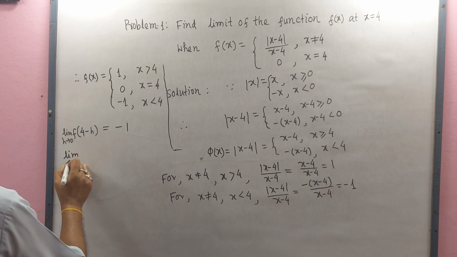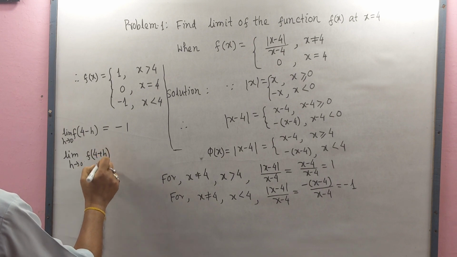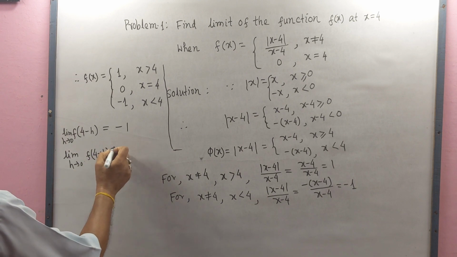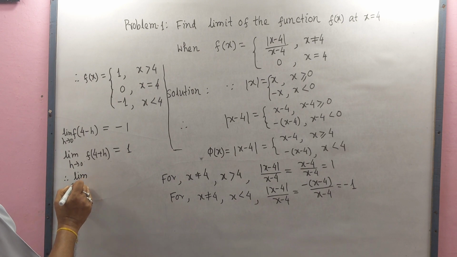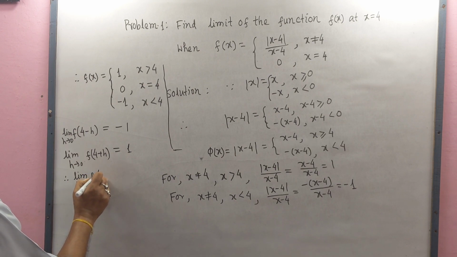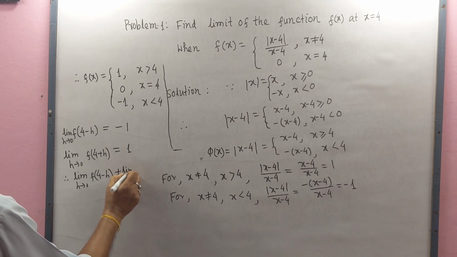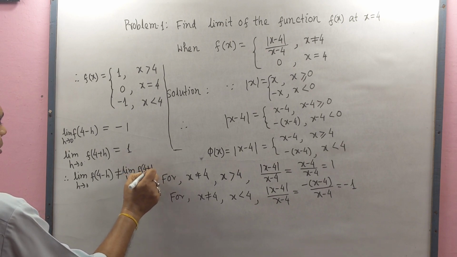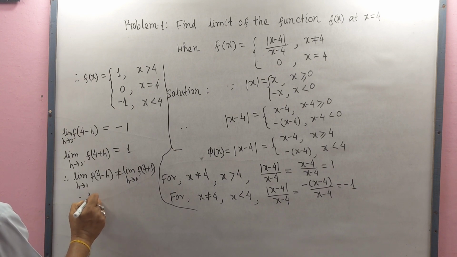Limit h tends to 0 of f(4 plus h): this is greater than 4 and this is 1. So limit of f(4 minus h) is not equal to limit of f(4 plus h), therefore the limit does not exist.